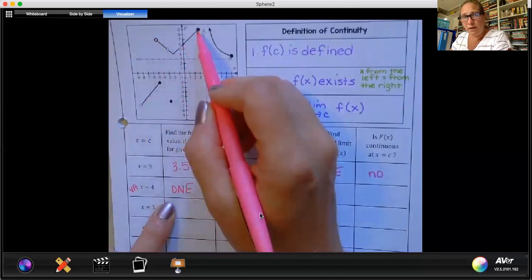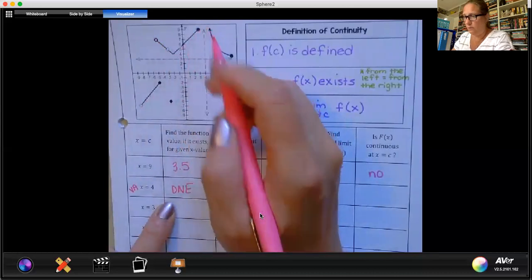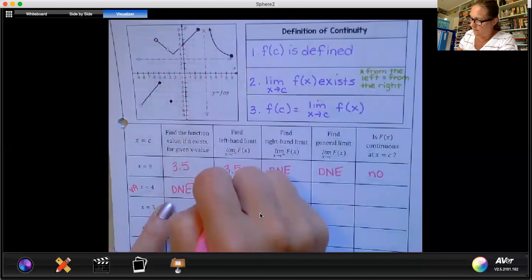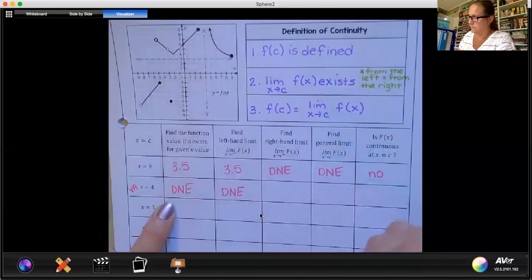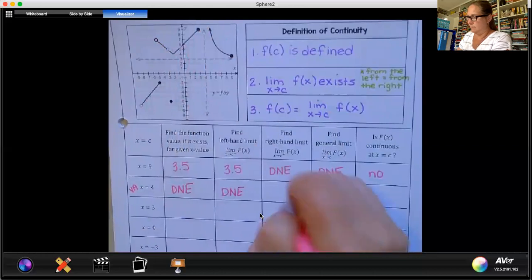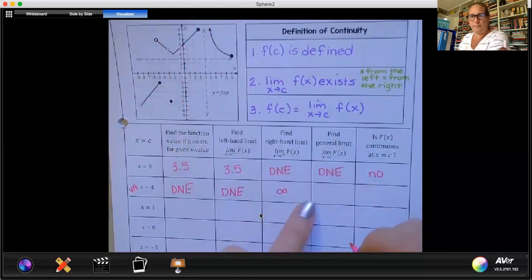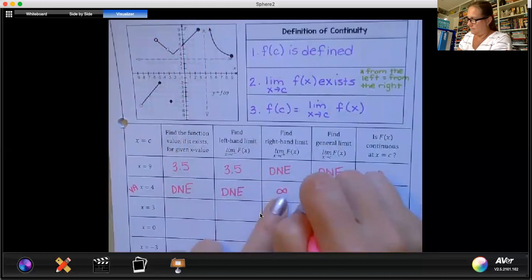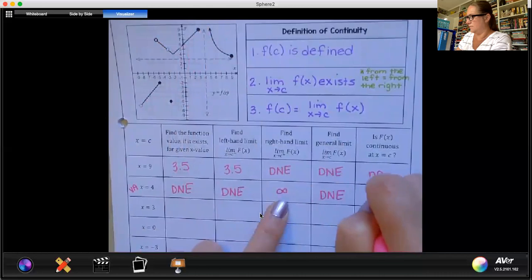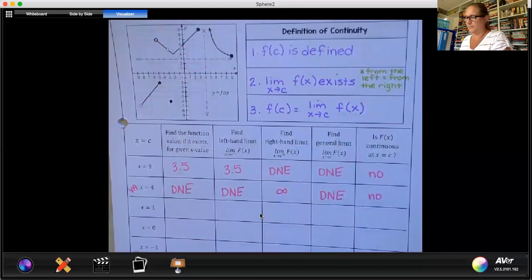We have another stopping point, so it never gets to 4. So this also does not exist. Right-hand limit goes to infinity. Not the same. And we know it is not continuous because it is a vertical asymptote.